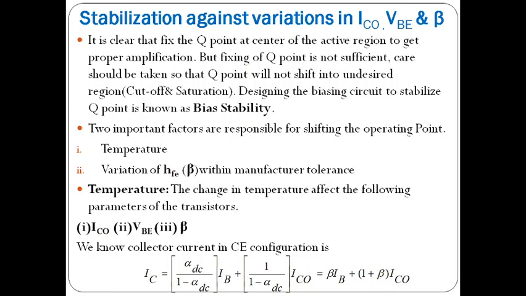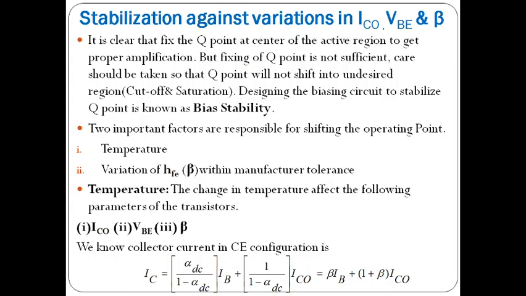We know that input characteristics of CE amplifier are drawn between the input voltage and input current. It is nothing but VBE and IB. Yes. So when VBE changes, IB also changes. We know that one. So from that we can say this collector current is one of the main parameters in the operating point.